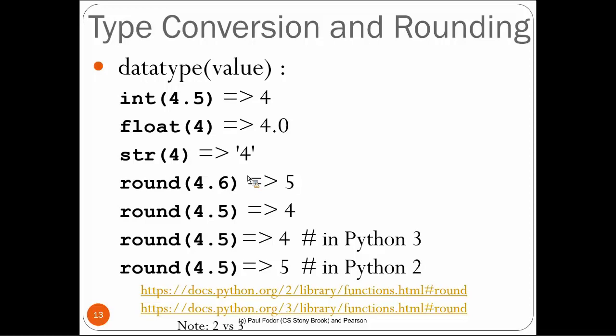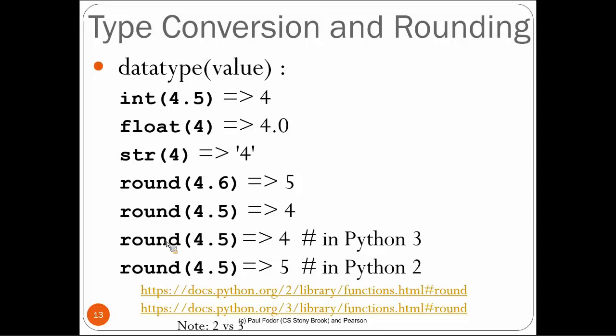Python 2, on the other hand, always rounds to the higher number that is equally close. So you will see differences between this method in Python 2 and Python 3. That is a problem we need to take care of. But this slide is not only about rounding, it's also about type conversions.